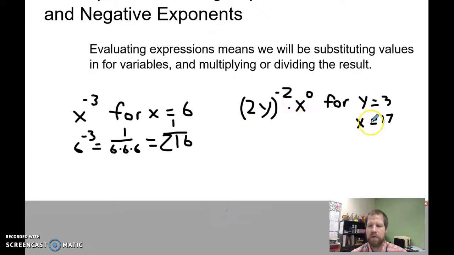Okay, so let's go on to this next one. We've got a little bit more going on. We've got two variables, and we've got some other values.